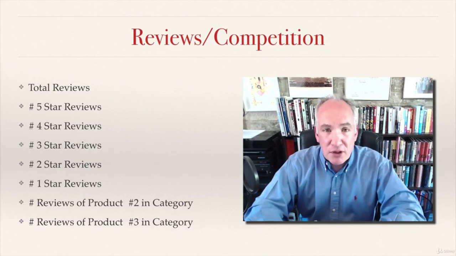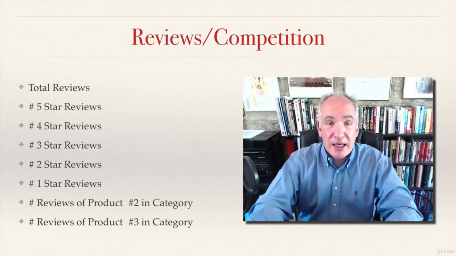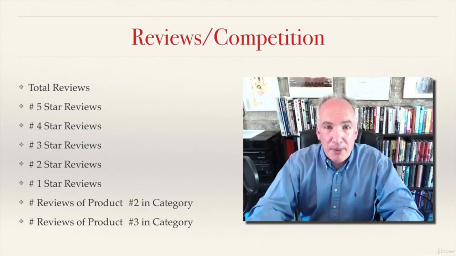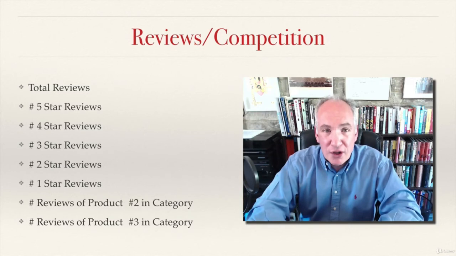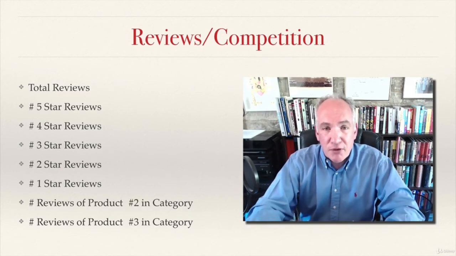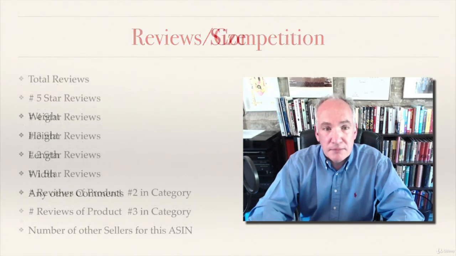But if you've got other items in that category which are very high, then even if the first product is relatively low, it may be a new product and just coming in, but you're still going to find it's a very competitive category. So it is useful to look at the number of reviews held by the products that you're immediately competing with in that subcategory or category, and decide whether or not there's too much competition around and you might do better to look elsewhere.